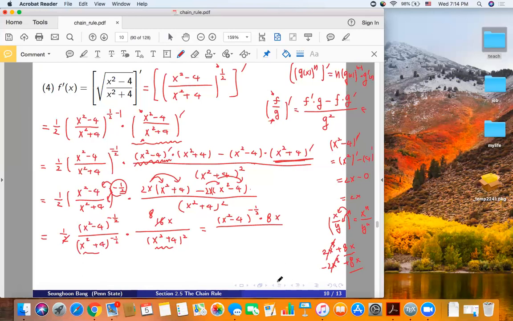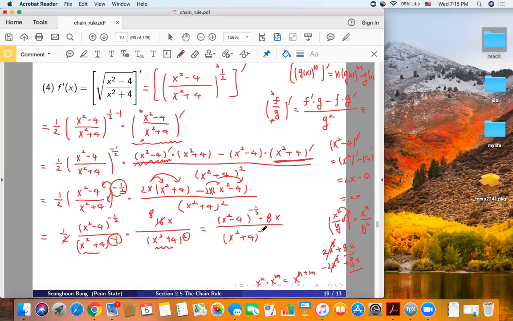How can you calculate? Do you know this rule? We have x to the power n times x to the power m: only add the exponents n and m. So this is the same as x squared plus 4 to the power minus 1/2 and 2.